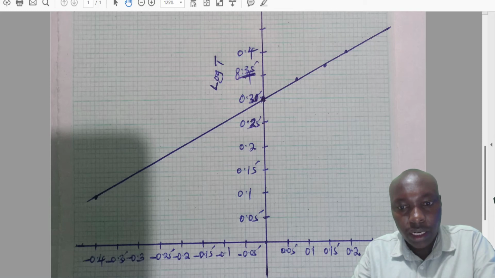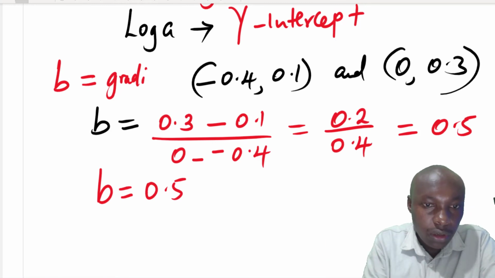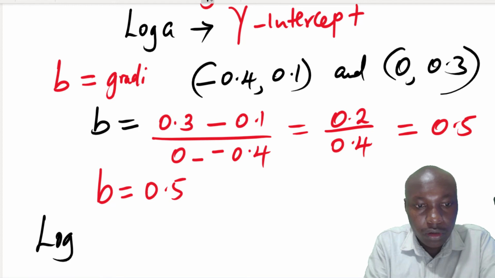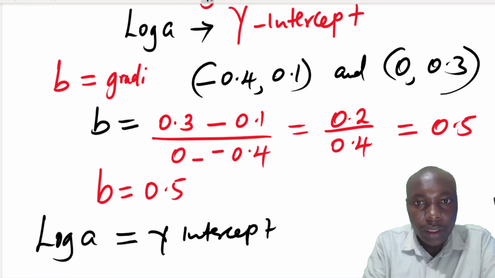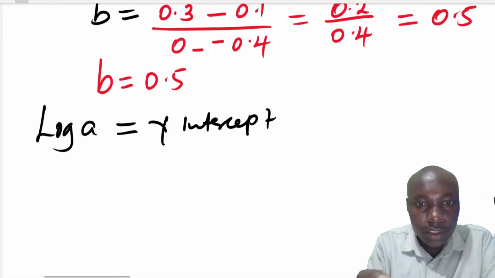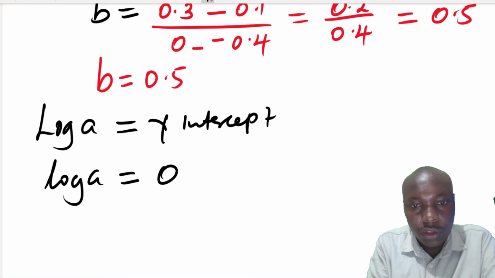That line cuts the y-axis at 0.3. So log A is equal to the y-intercept, log A is equal to 0.3.